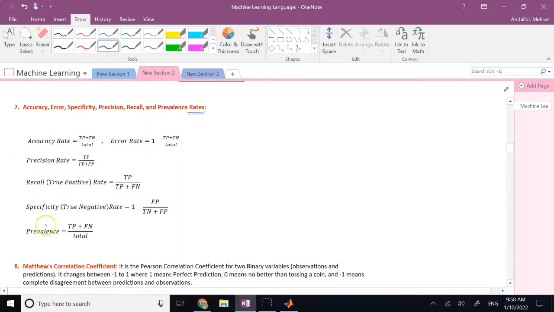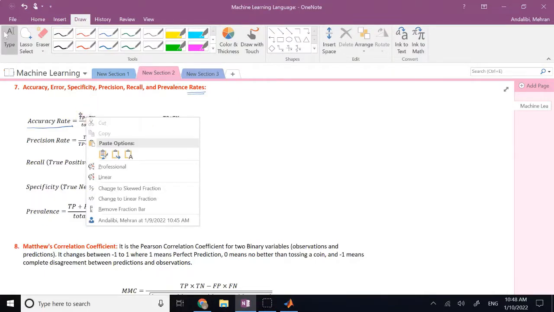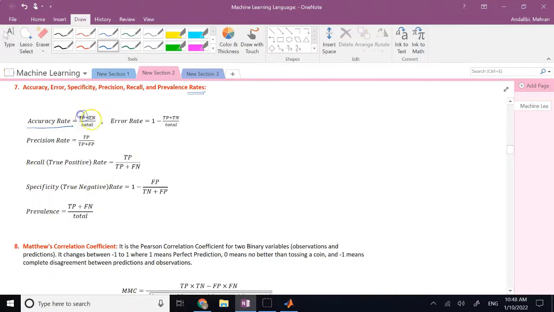And that's where these ratios or rates come into play. One of these rates is called the accuracy rate, which is the total number of correct predictions, which is true positive plus true negative, divided by the total. And 1 minus that is, of course, the error rate.